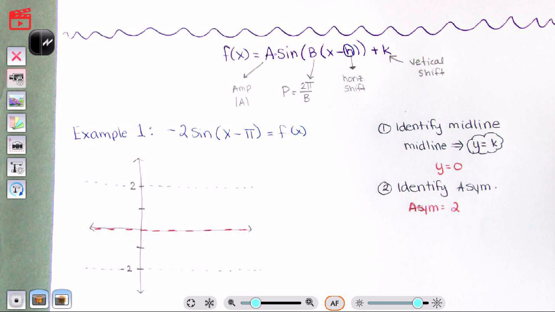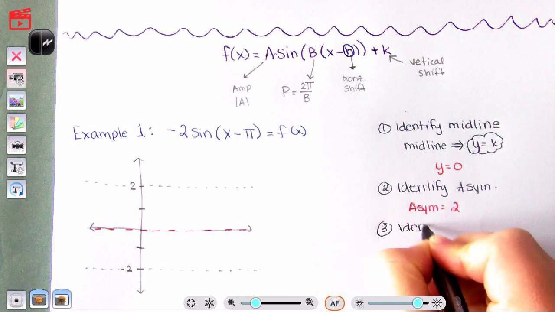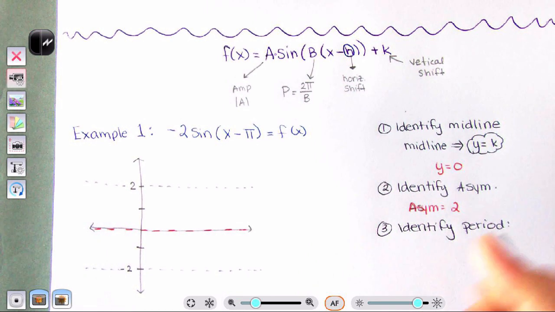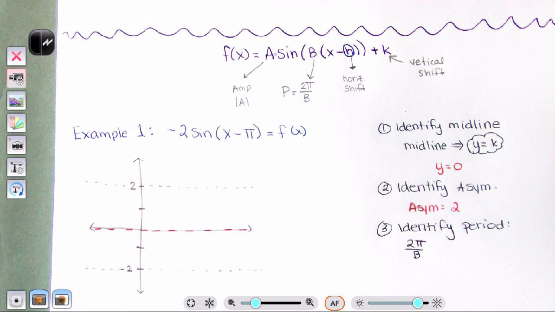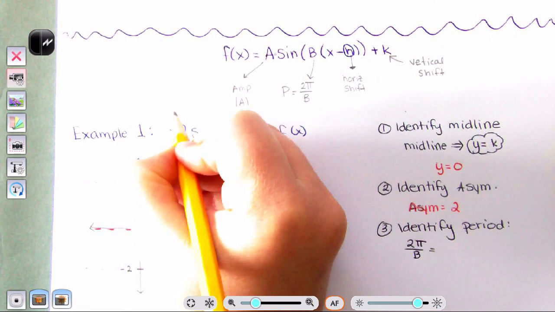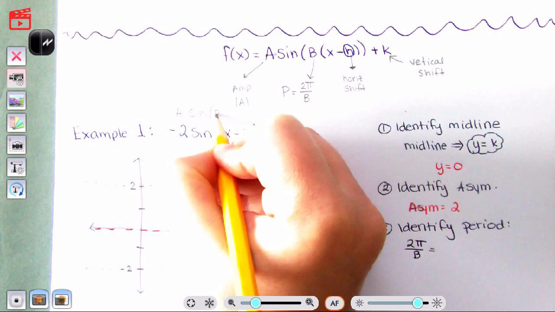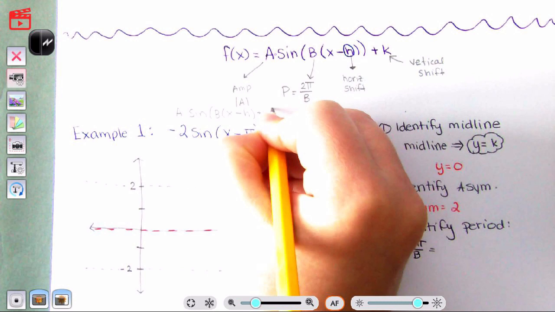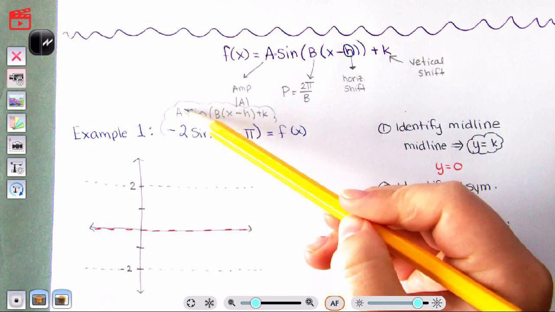Next, we need to identify what our period is. So step number 3, identify your period. Again, period is 2 pi divided by b. Now, your number for b in this one, let me show you. This is a of sine times b of x minus h plus k. So we know a is 2.